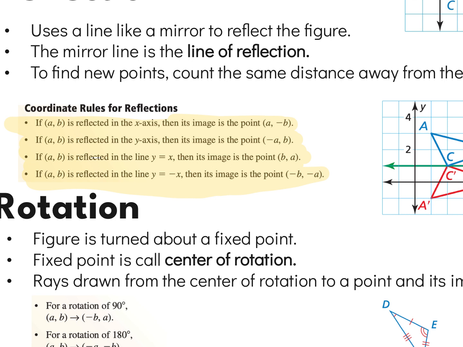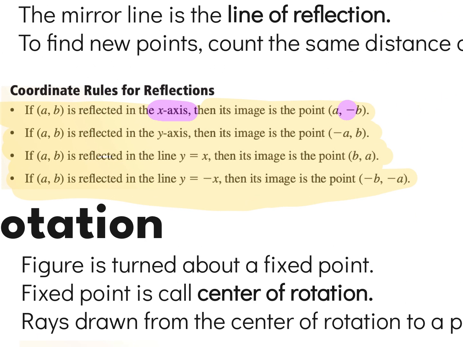So when you're looking at this, if it's reflected over the X-axis, all you're doing is changing the sign of your B, which is considered your Y value. When you're reflecting it over your Y-axis, you're changing the sign of your A.